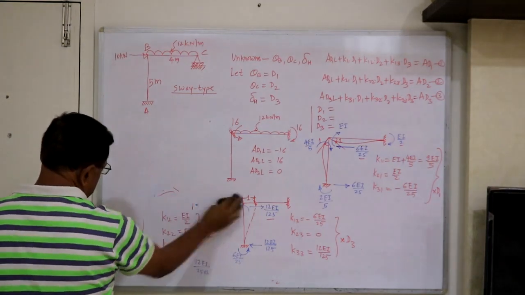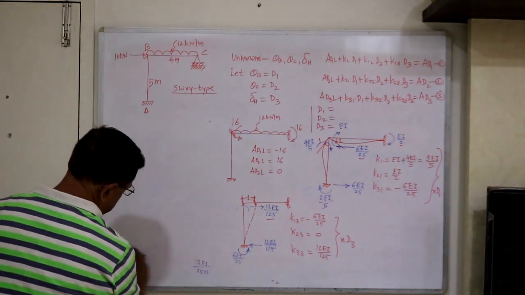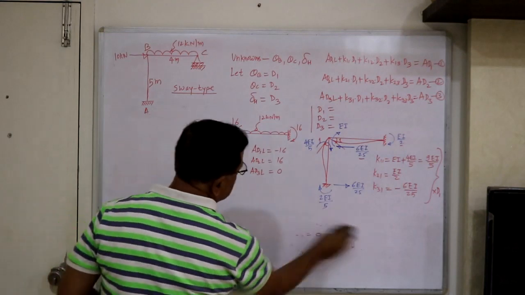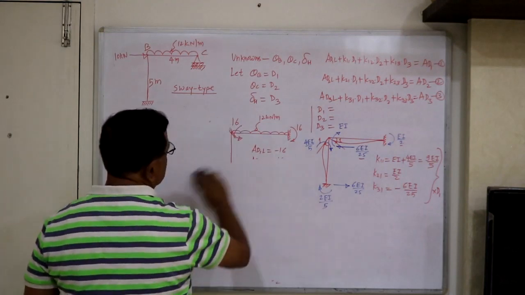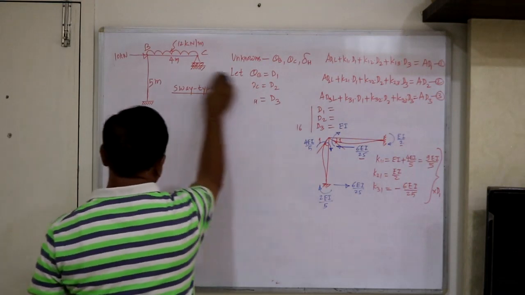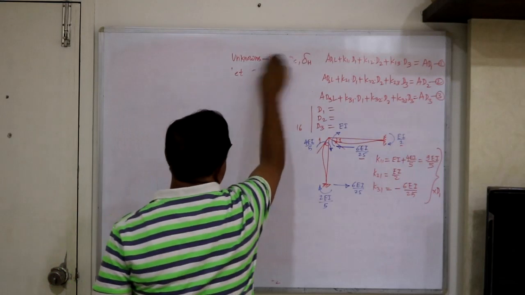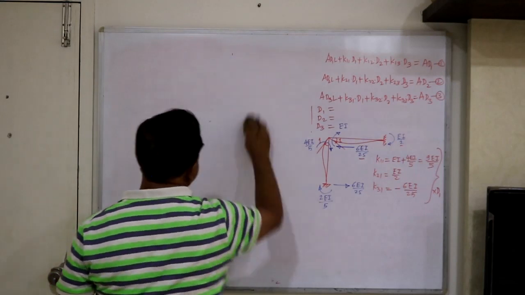Now that means you must be able to solve problems on continuous beams, then fixed beams, propped cantilevers, portal frames, simple frames, etc. Each and every type of problem you can solve by using this.